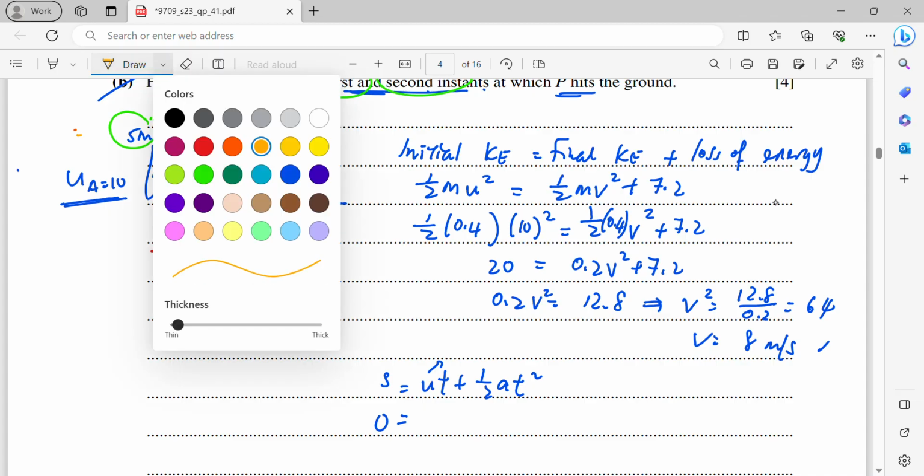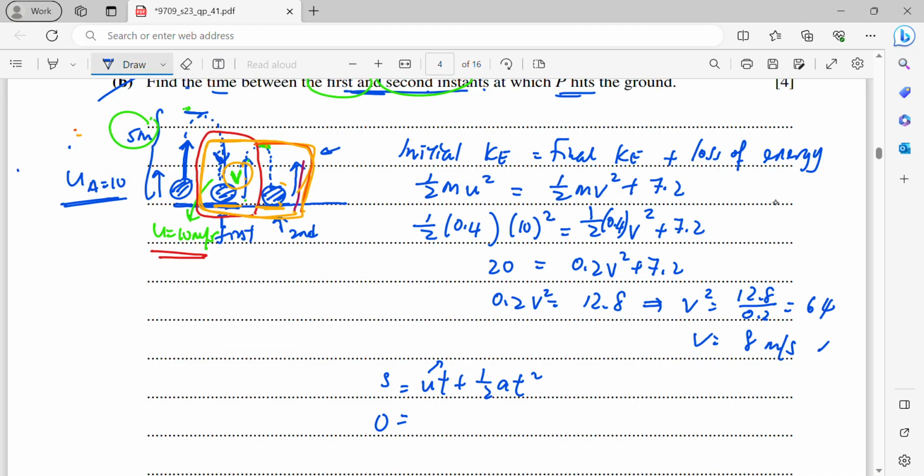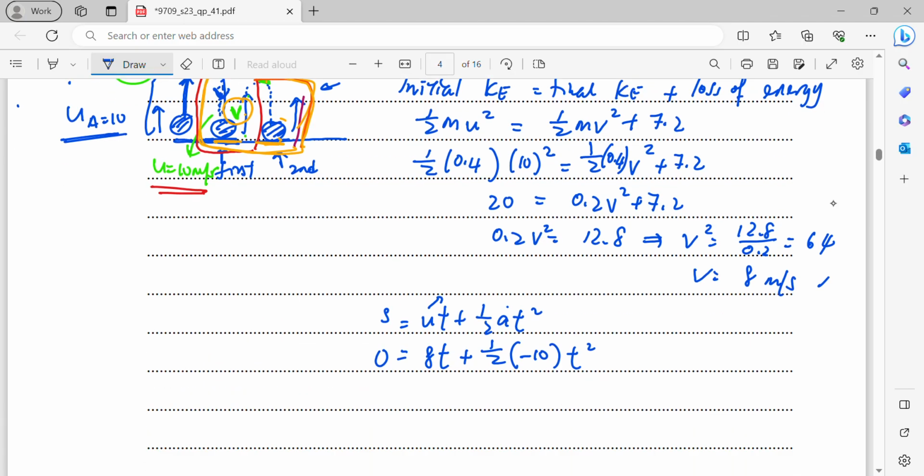So now I will write this as 8t plus half a t squared, where a will be negative 10, because your v is moving up, so therefore your a will be negative 10. So then from here, you just need to solve the quadratic equation. Half times negative 10 will be negative 5. Then you will be getting this quadratic equation.